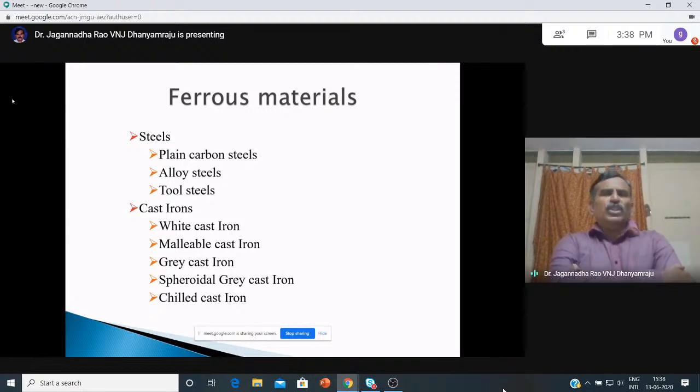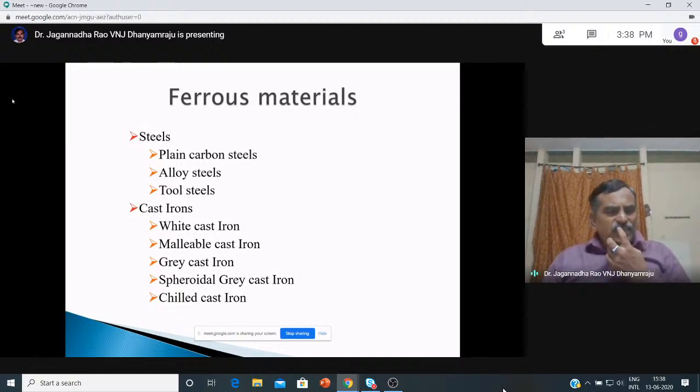And of course, tool steels, right? Tool steels are specifically used for cutting tool applications. And the other kind of ferrous materials are cast irons. So in cast irons, you have white cast iron, malleable cast iron, grey cast iron, spheroidal grey cast iron, and chilled cast iron.